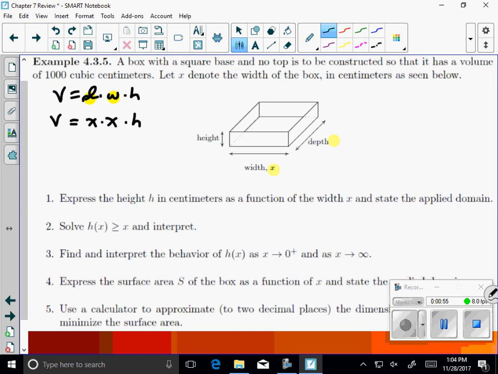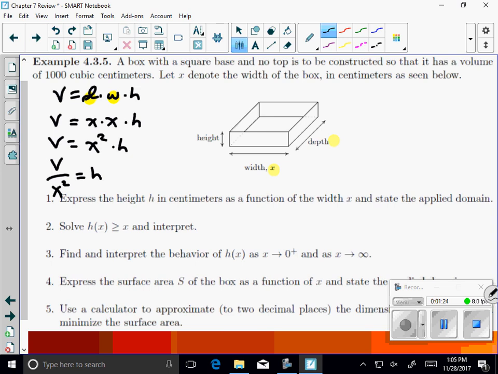In part 1, it says express the height in centimeters as a function of the width, and then state the applied domain. So all I'm going to do is isolate h. So would you agree that I could say x times x is x squared? Okay. So could I say that volume divided by x squared would equal the height? We do have a number for the volume.